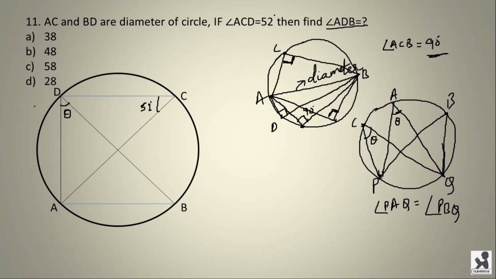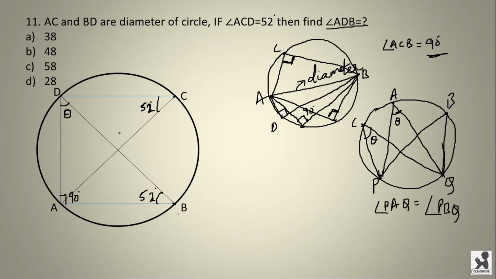So coming to the question, it is given that the minor arc AD forms an angle of 52 degrees at point C. Then the minor arc AD also makes an angle of 52 degrees at point B, because B is also on the major arc. And now we have discussed that angle BAD is 90 degrees.